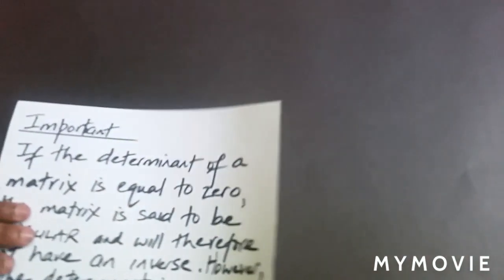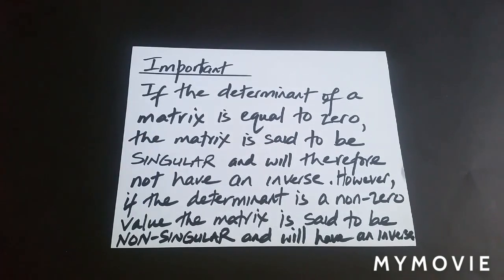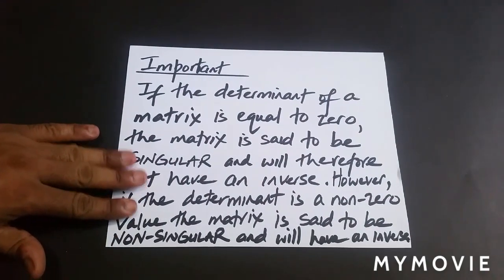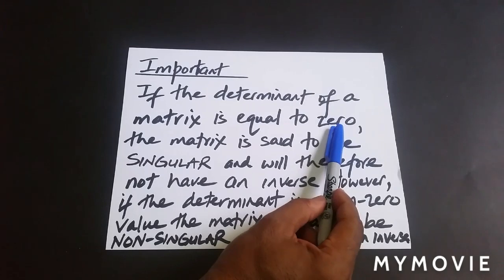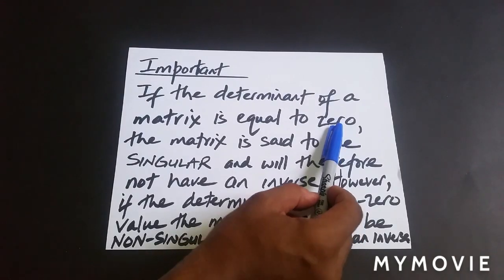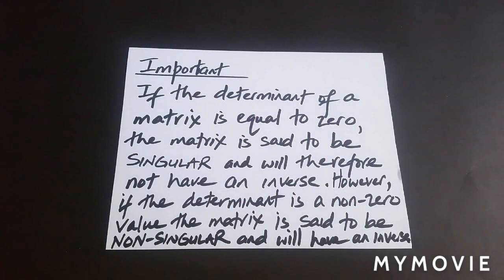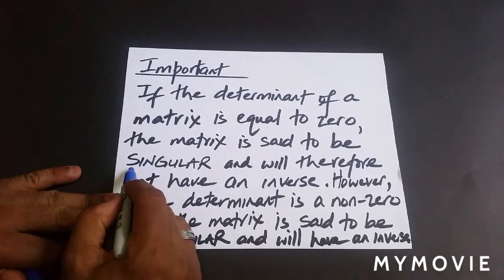All right. Now, important here. I'm going to give you the notes first and then summarize it so it's easier to remember. So, if the determinant of a matrix is equal to 0, the matrix is said to be singular.